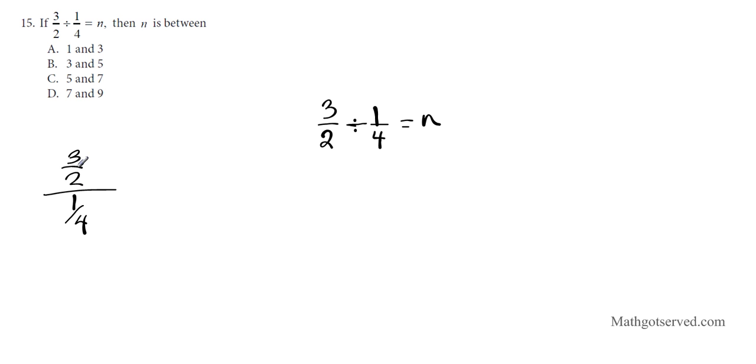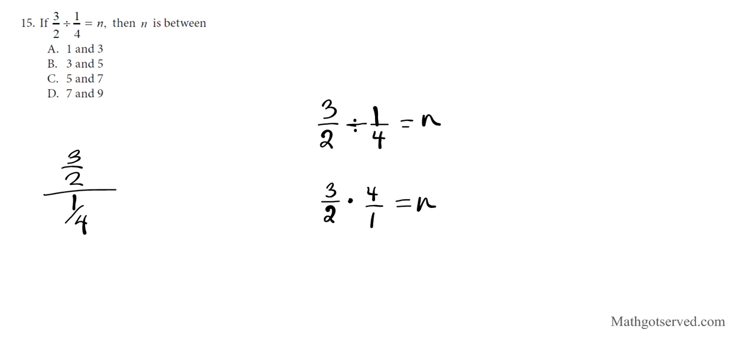This is a mess. What you can do is something called drop, change, flip, or you multiply what you're dividing by the reciprocal of the other one. So I'm going to multiply 3 over 2 by the reciprocal, 4 over 1. Some people call it drop, change, flip, whatever helps you remember.